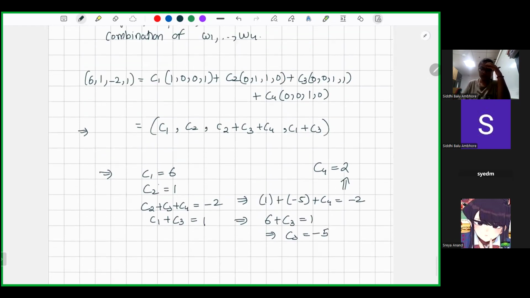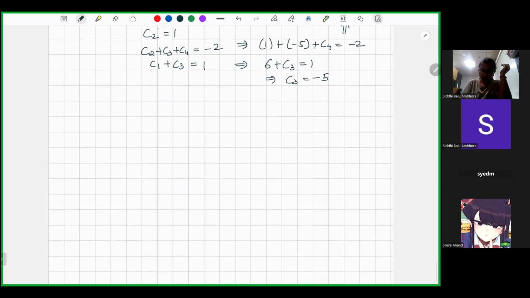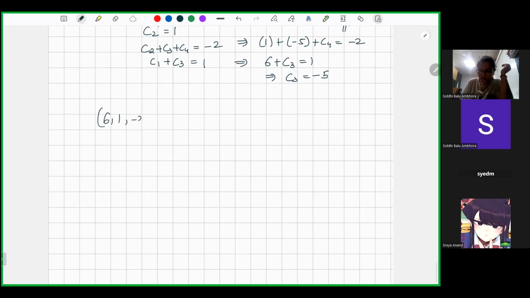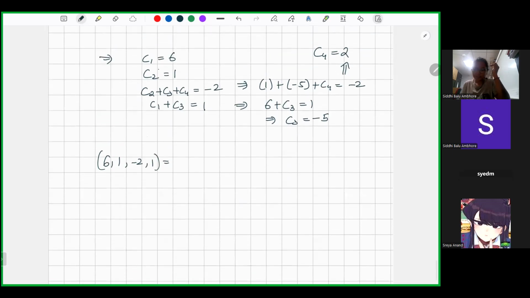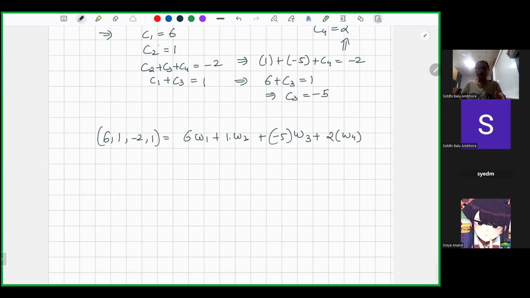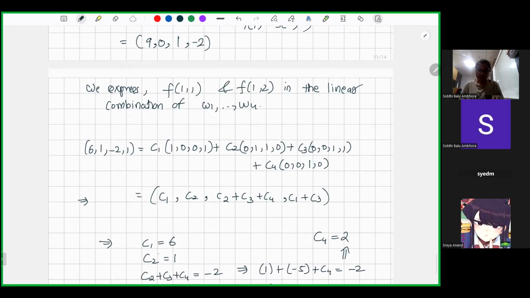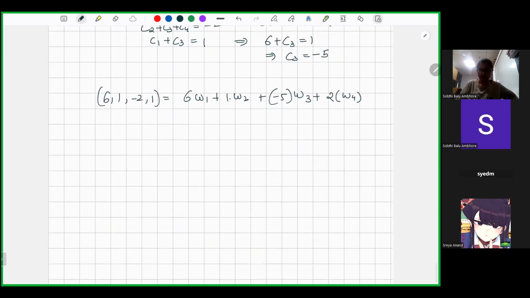So this 6, 1, minus 2, 1 is 6 W1 plus 1 W2 plus C3, what was C3? Minus 5 W3 plus 2 W4. This is my first one, and the second one is 9, 0, 1, minus 2.